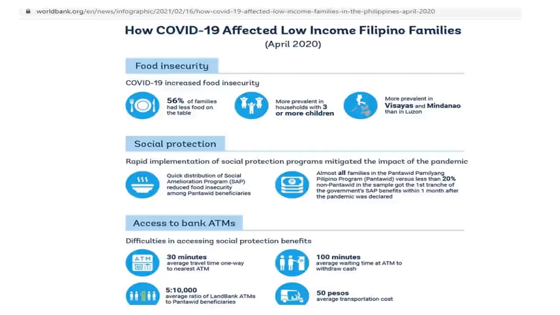So this is a national survey. So 56% of families had less food on the table. So they're more prevalent in households with 3 or more children, and more prevalent in Visayas and Mindanao than in Luzon.